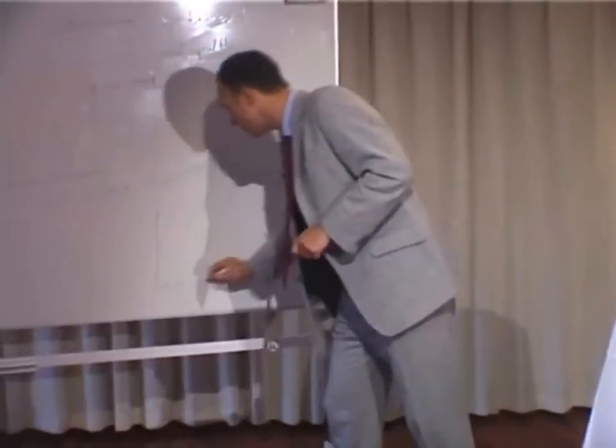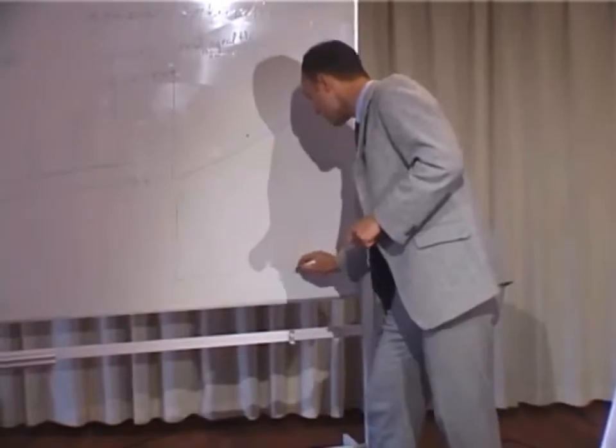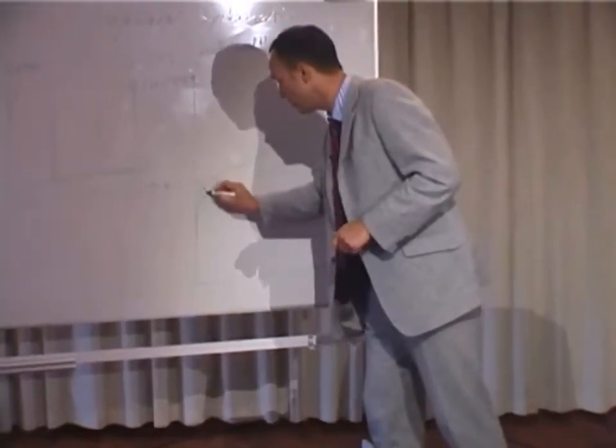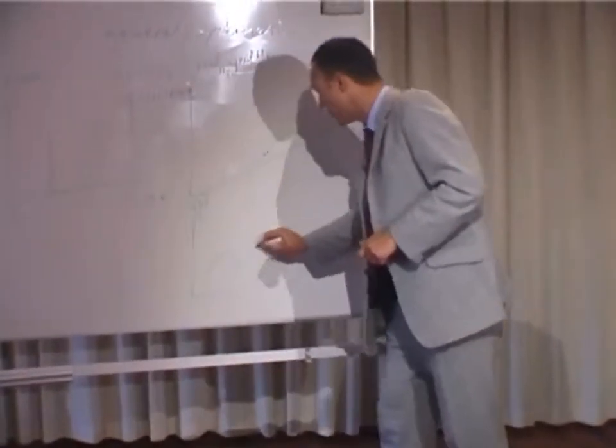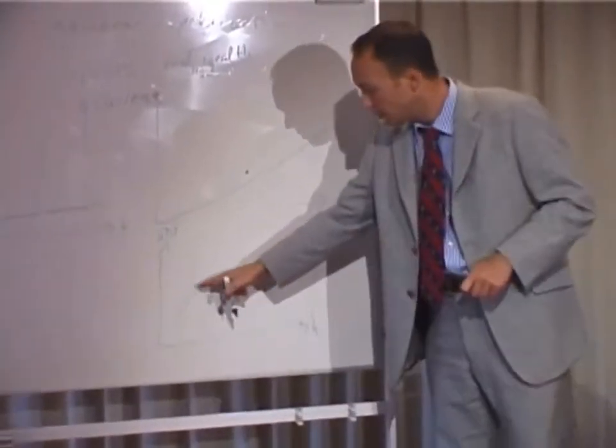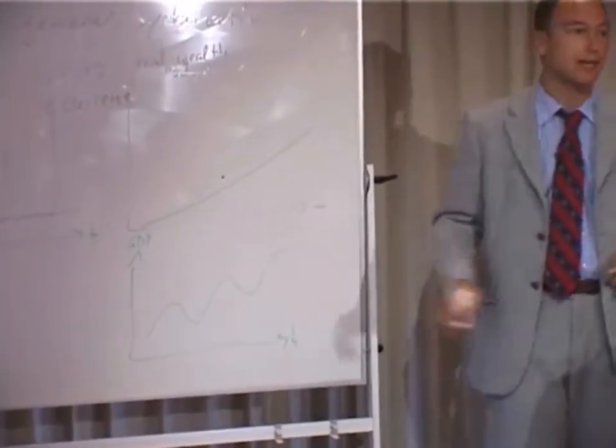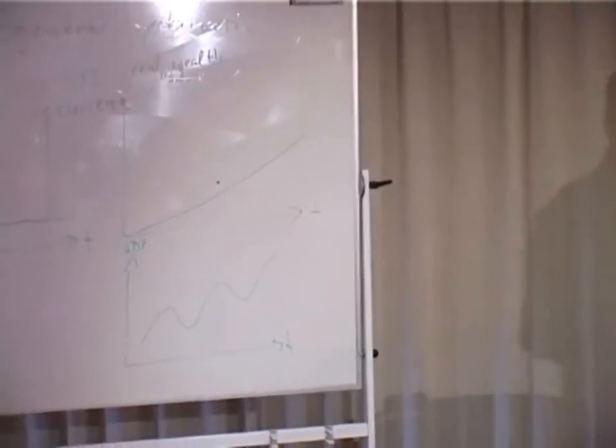The real business cycle theory tries to explain movements in GDP over time. There's this wave movement, and they interpret this as a general equilibrium movement.